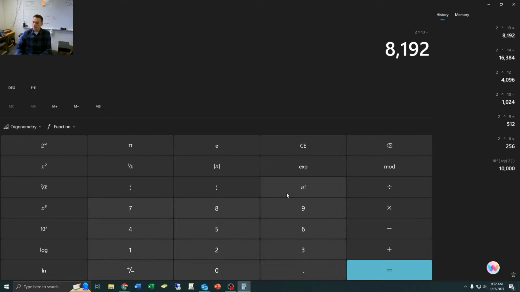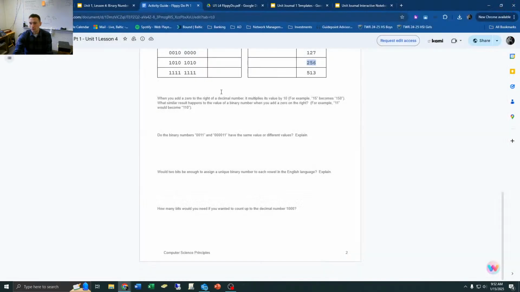You kind of have to extend your flippy-do chart if you wanted to, but hopefully that helps us understand how that all works. Okay, so we'd need 10 bits to allow us to count to 1,023, since the 11th bit has a value of 1,024.